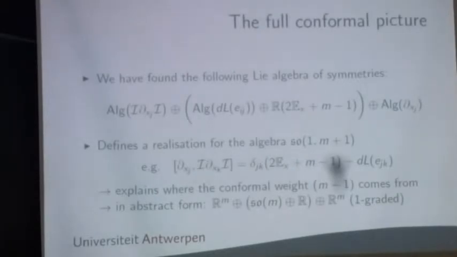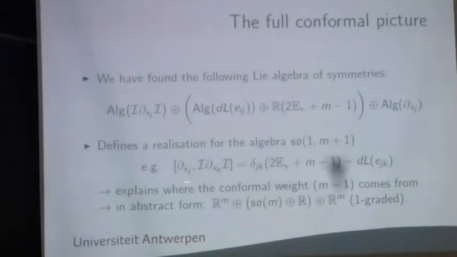What does that mean? Well, if you take the commutator, so this bracket here, this is the commutator bracket, just to be sure, the commutator bracket of A and B is AB minus BA. If you take the commutator of any 2 symmetries, you get, again, an element sitting somewhere here.